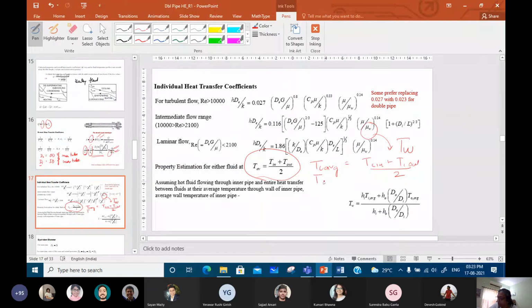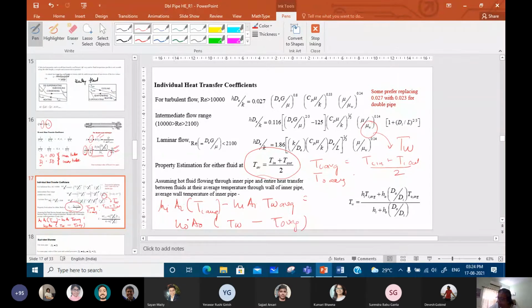Now from the heat balance equation, can you write down HIAI (Ti average minus TW average) should be equal to HOAO (TW minus TO average). This I have written assuming that the hotter fluid is flowing through the inner pipe, right?